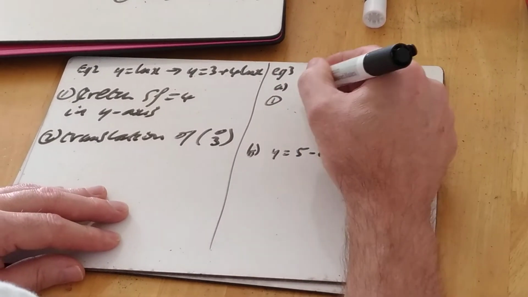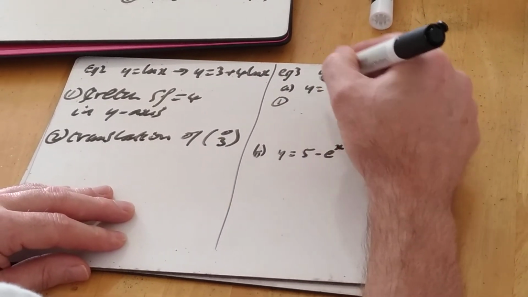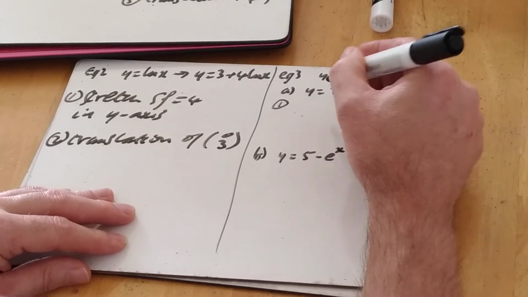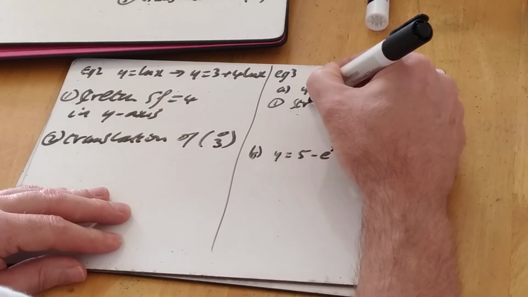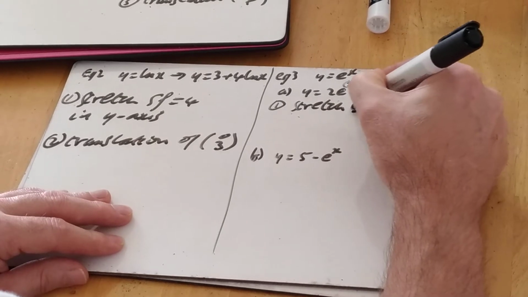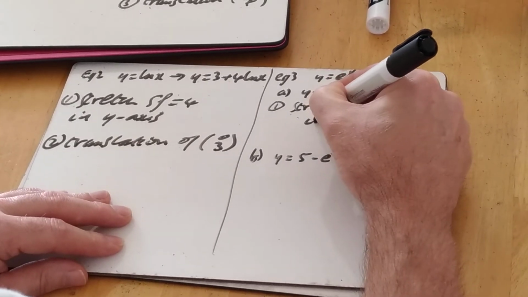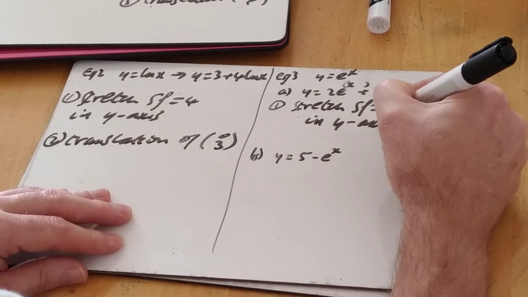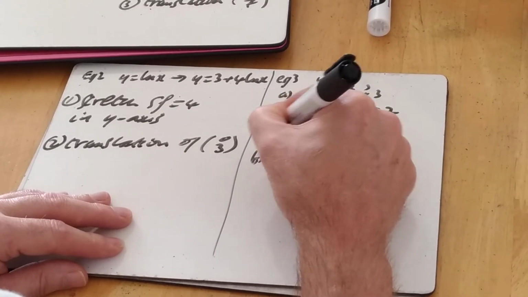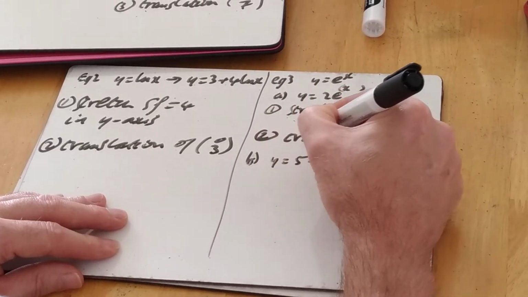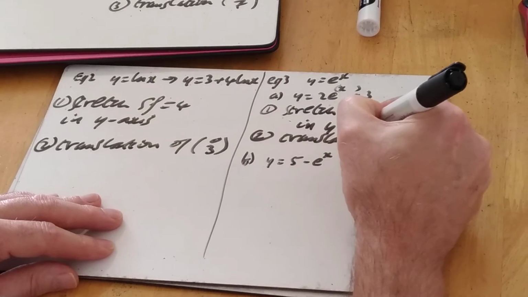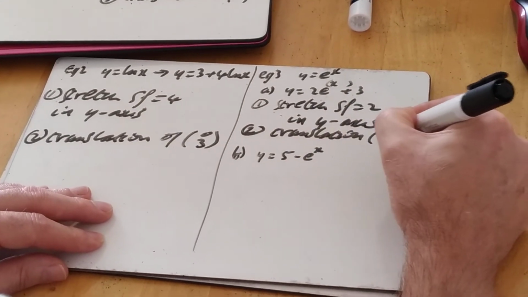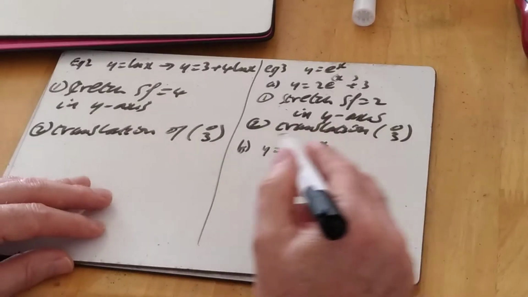In that case there, so I've got y equals 2e to the x, so I'll do the 2 first, so that's the closest to the x there. So as before, it's a stretch first, parallel to the y-axis, in the y direction, and then a translation, 0 and plus 3, does exactly what it says there.